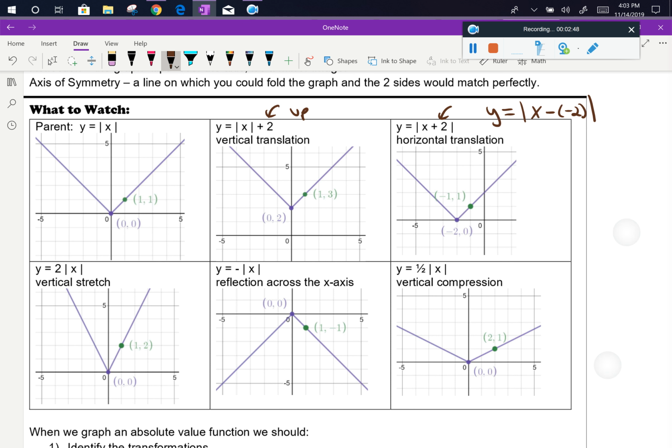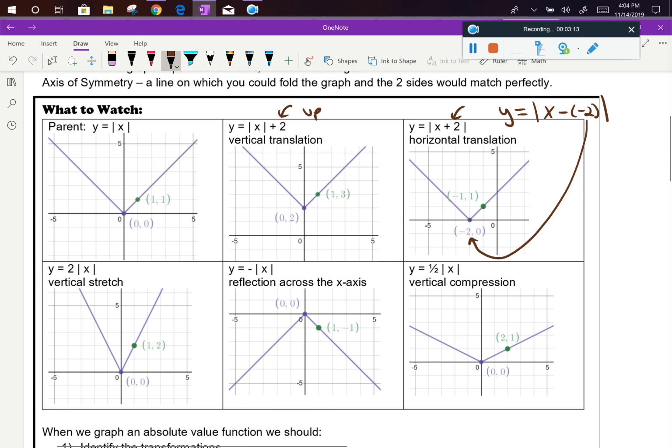That shows us the -2, which is where the vertex lands. So if I imagine this point from the parent function and it moves 2 spaces to the right, and this point moving 2 spaces to the right, notice that's where those 2 points line up with this new translation. So I find that's one of the trickier ones for students because they have to realize it's going to go in the opposite direction from the way it looks in the equation.